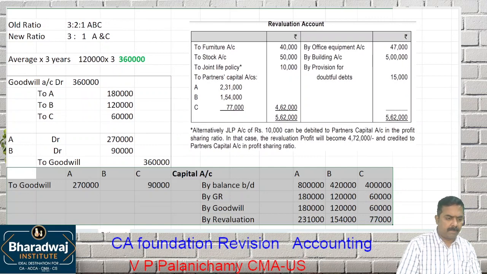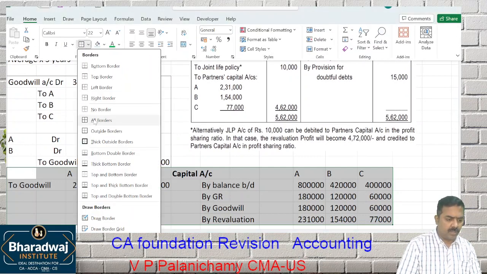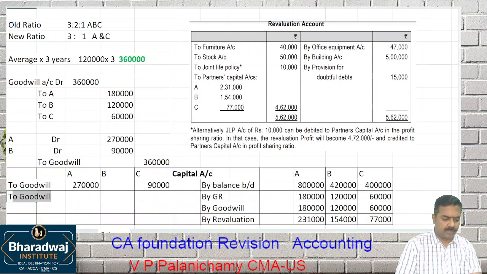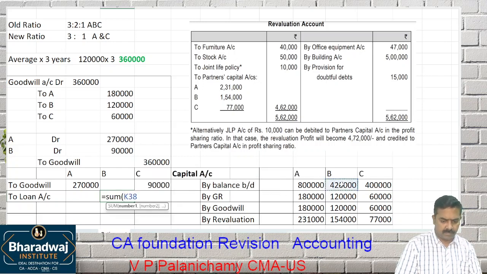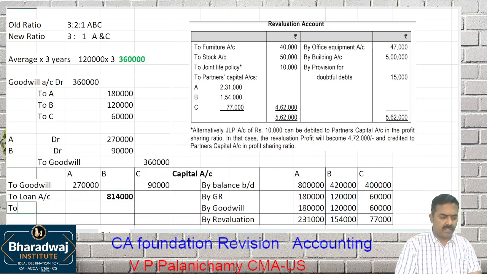Pay immediately or loan? Loan. How much will the loan account come to? 8,14,000. Others will be to balance carried down.